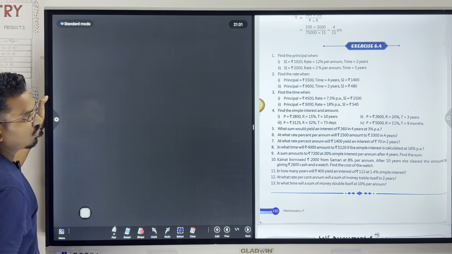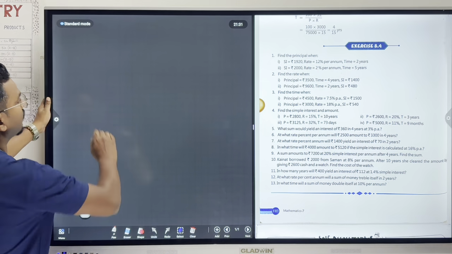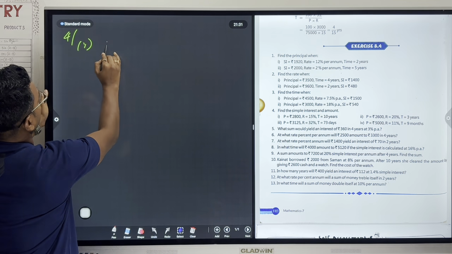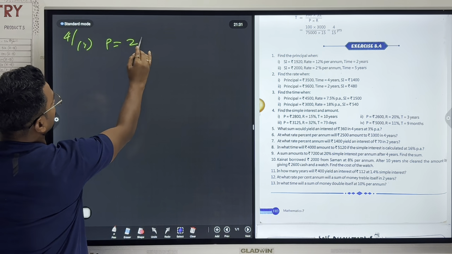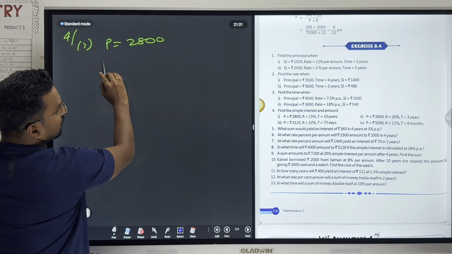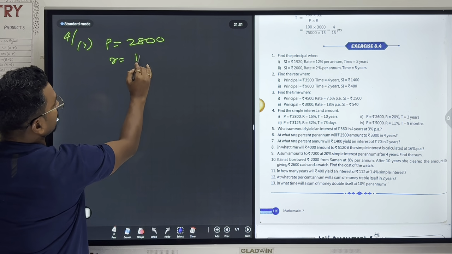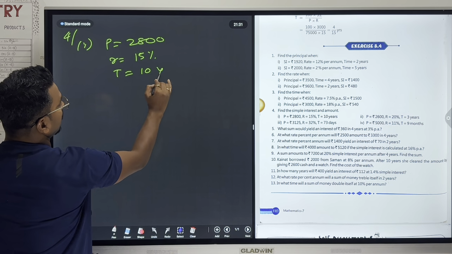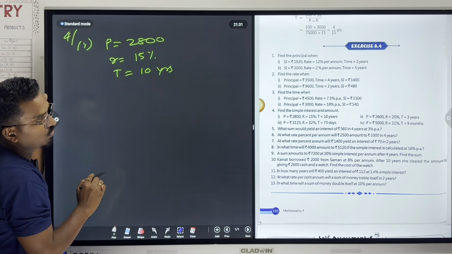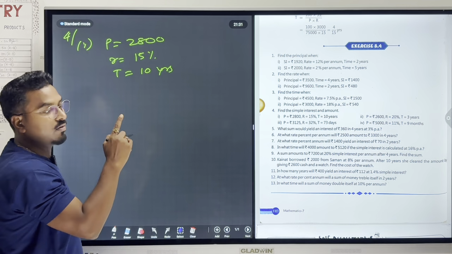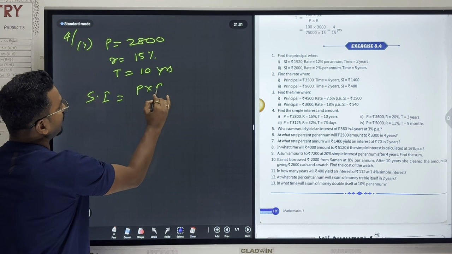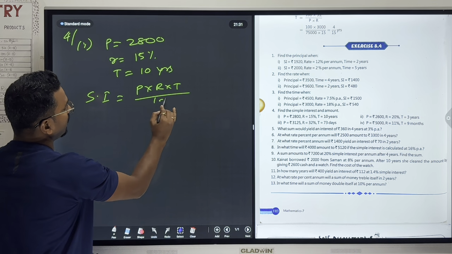Moving to the next question, question number 4. Principal is given 2800, rate is given 15%, time is given 10 years. You have to find simple interest and amount. For simple interest we have the formula P multiplied by R into T divided by 100.